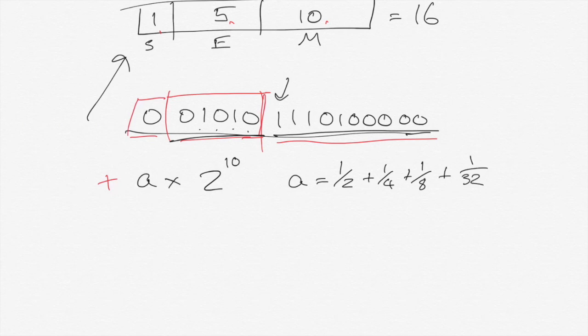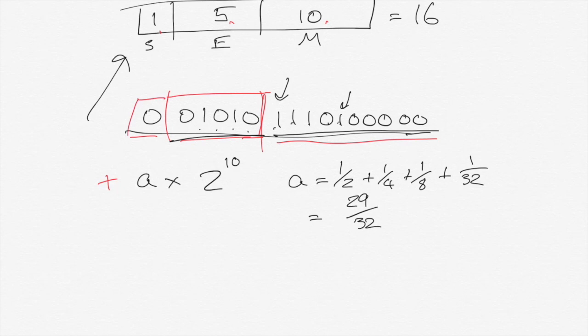And you may also remember that one way of working this out as a better fraction is to just put the denominator of the smallest value, which in this case is 32, and then convert 1, 1, 1, 0, 1 in binary. So that's the 29. So we have 29 out of 32 as a fraction.